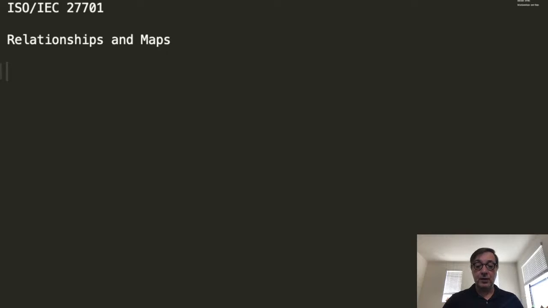So the ISO 27001 requires that this context be understood and taken into account. The ISO 27701 includes mapping to the privacy framework and principles defined in other standards.